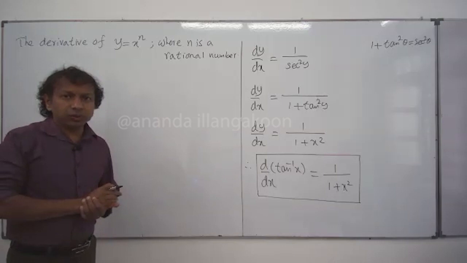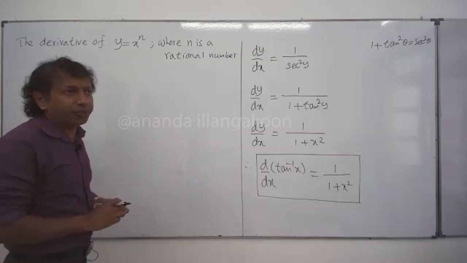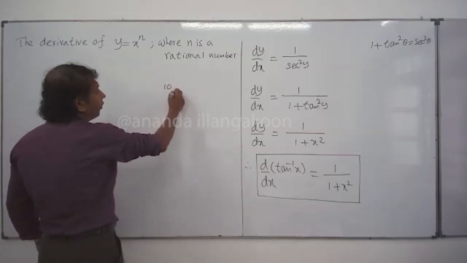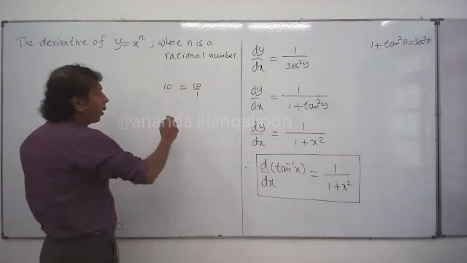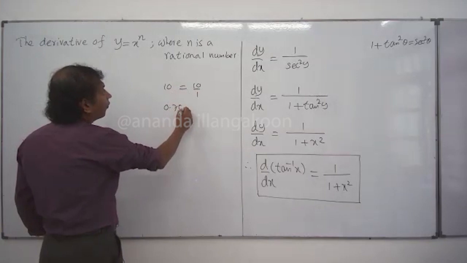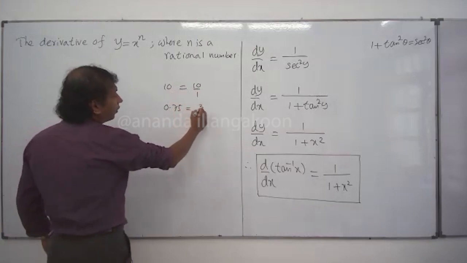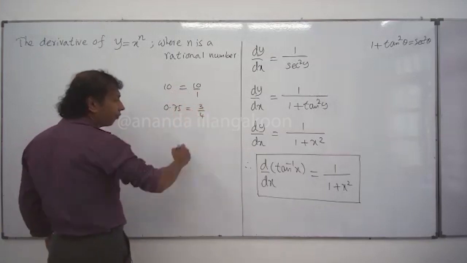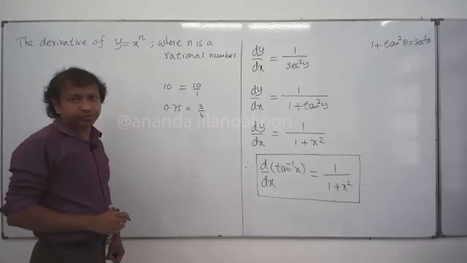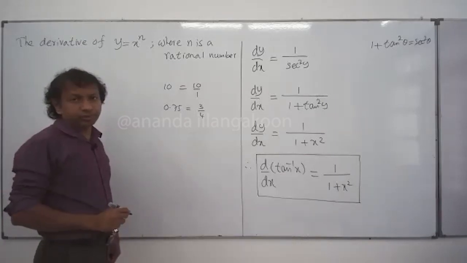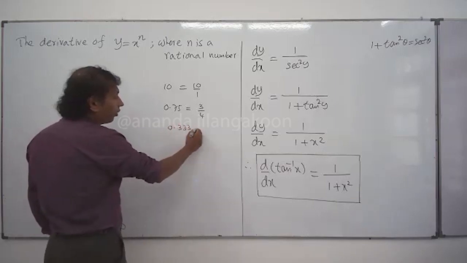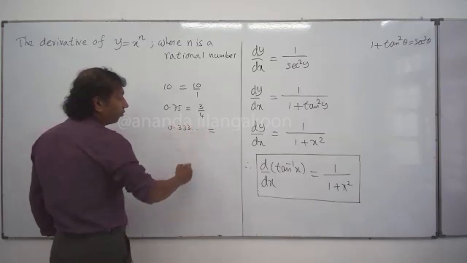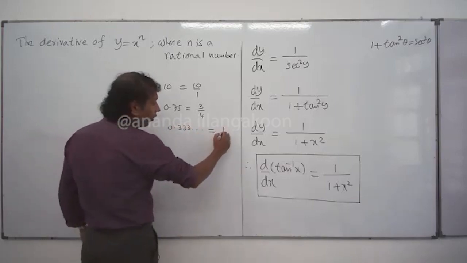Rational numbers are those, people, now suppose we consider 10. This 10 we can write as a fraction like this, 10 by 1. Take 0.75. We can write this 0.75 as 3 by 4. And take this recurrent decimal 0.333, we can write this as 1/3.